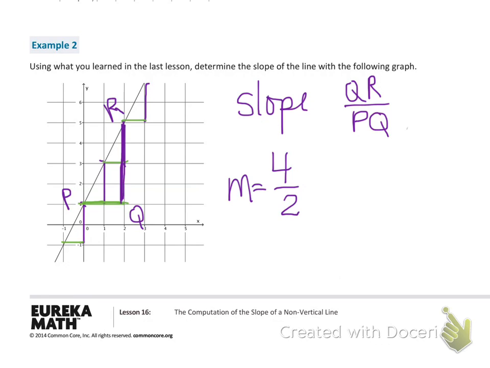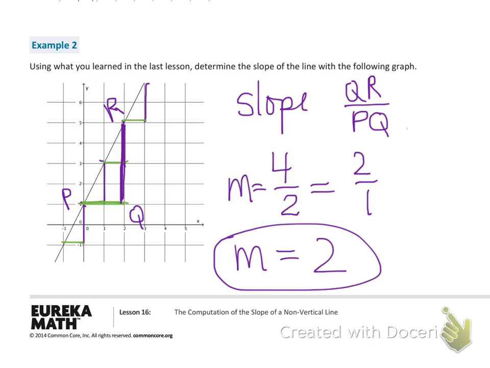And if we use one of those other triangles, we have the QR being 2 over PQ of 1, 2 over 1. Both of those give us a slope of 2, which is what we calculated originally. So we see that these ratios are the same on these triangles.